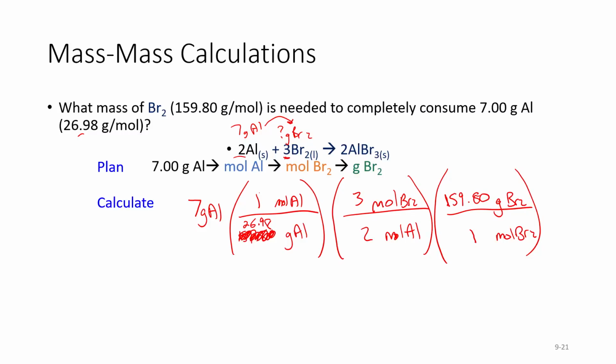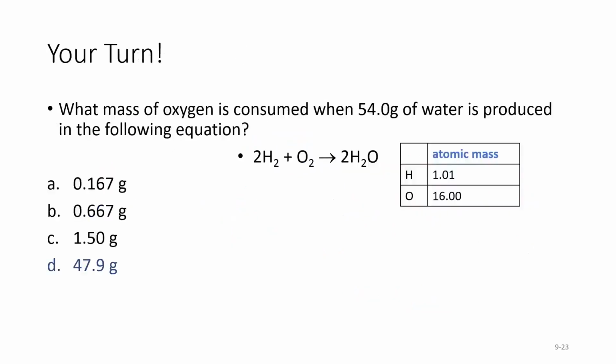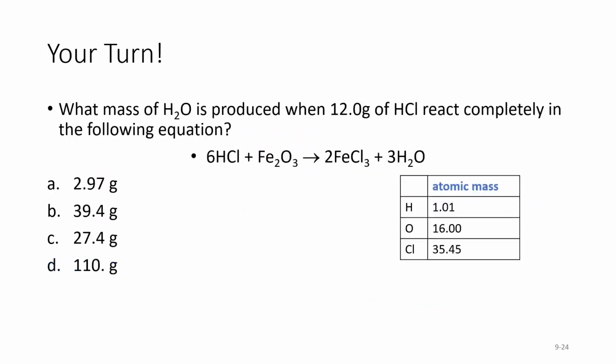And we end up with 62. We'll round it to 2 grams of Br2. So what I would like you to do is pause the video, work through the next few problems here, and then we'll unpause and we'll go through them together.